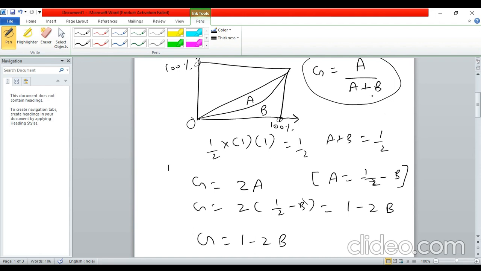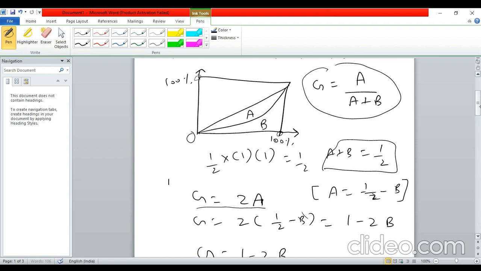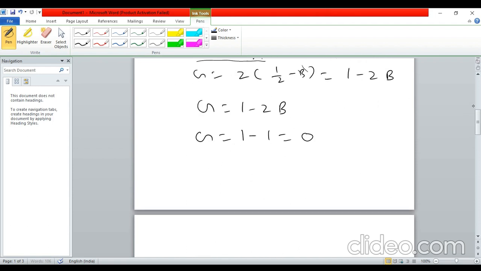Let us put it in this Gini coefficient formula. Then you will get G equal to 2A. Now we are not given A, we are given B. So let us write A is equal to 1 by 2 minus B from this equation. When we put this in this formula of G equal to 2A, we get G equal to 1 minus 2B. Of course, people also try to remember the Gini coefficient as equal to 1 minus 2B.